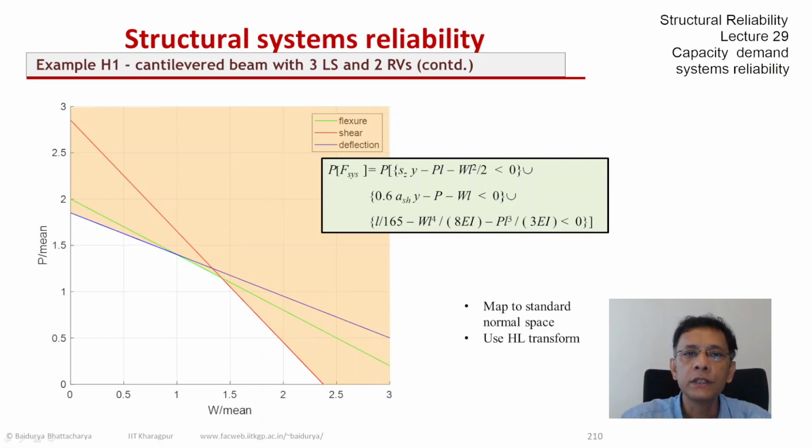We are going to use the simplest possible transform, the second moment transform, or the Hasofer-Lind transform, which means the distribution of P being Gumbel, for example, is not going to be used. We are just going to use the first 2 moments of that random variable. So let's do that, and we have done this many times in the context of component reliability.